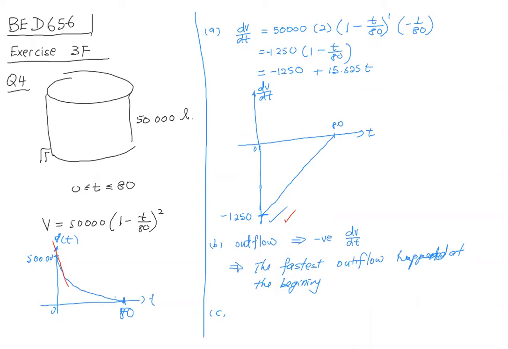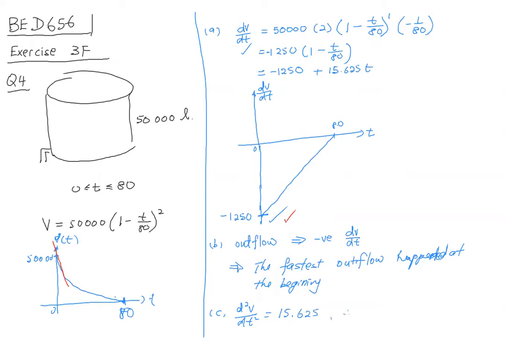Okay, so now show that d squared V over dt squared is always constant. So how to show? What you need to do is differentiate this. So d squared V over dt squared is equal to 15.625. It doesn't depend on time.